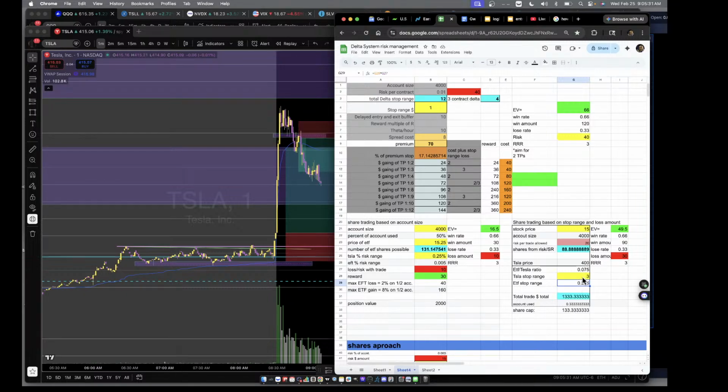Most of the time, this 20 allows me to trade more, but I won't risk the whole 20. I'll have to go under because I can't afford the shares unless I trade the whole 4,000, right? If I trade the whole 4,000, then yeah, I could.